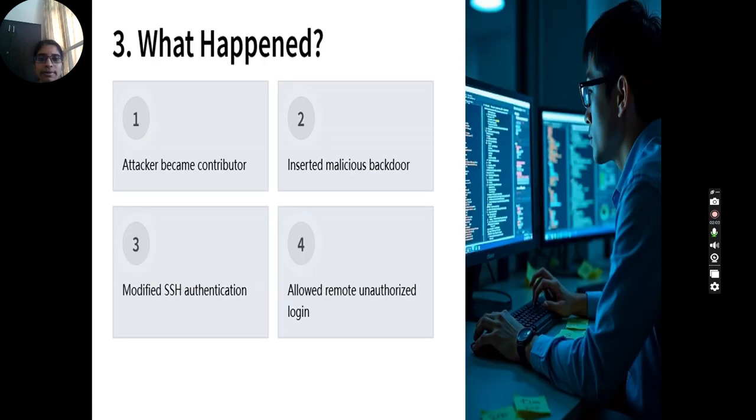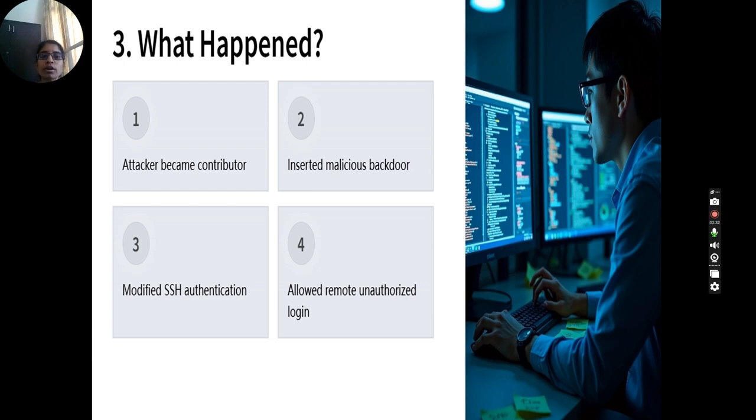So, what happened? In early 2024, an attacker successfully gained long term access to the project by pretending to be a normal contributor. Over many months, the attacker built trust with the maintainer and eventually obtained commit privileges. With these privileges, they inserted a stealthy backdoor inside two versions of xz Utils, specifically versions 5.6.0 and 5.6.1.